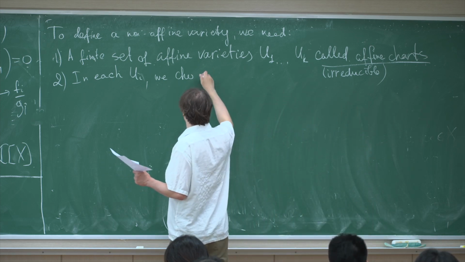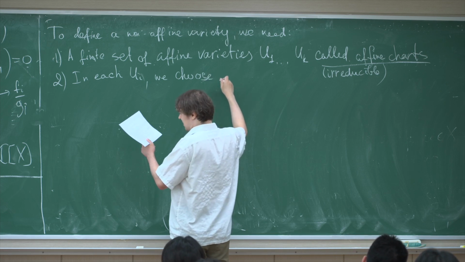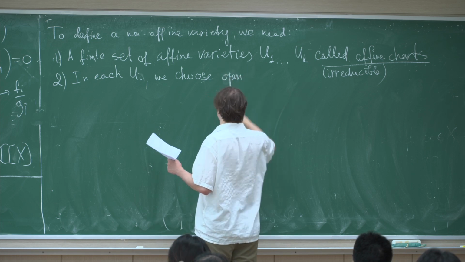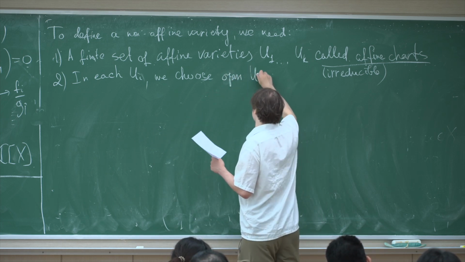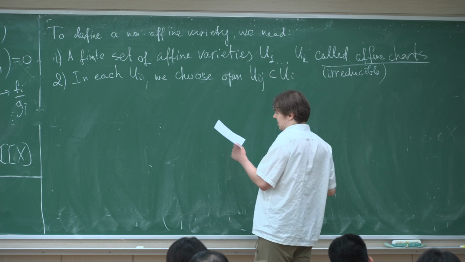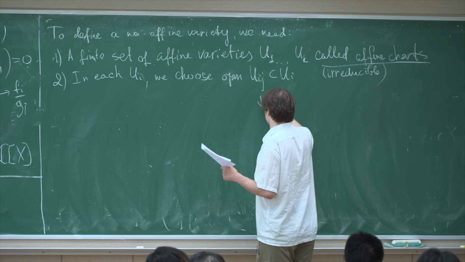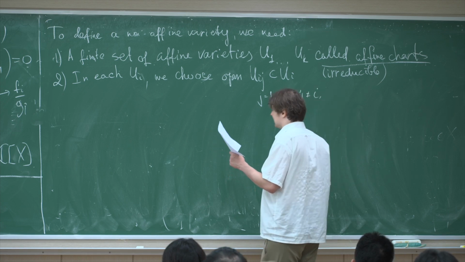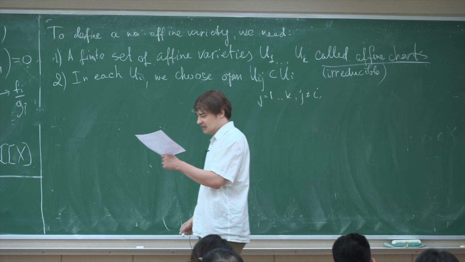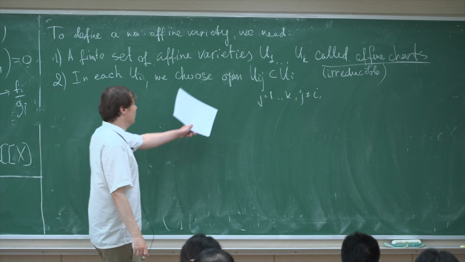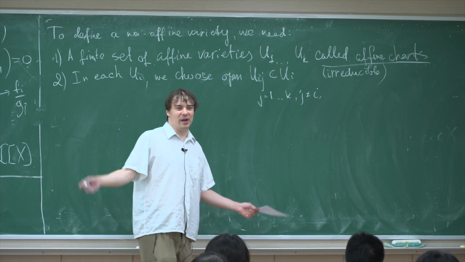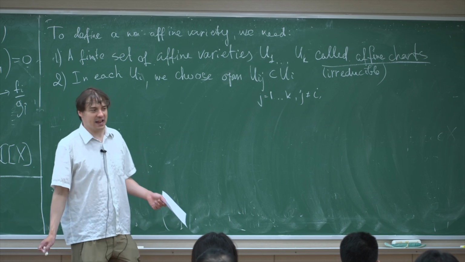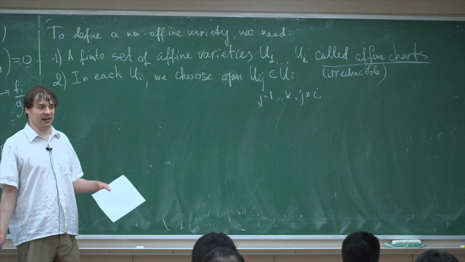Then in each Ui, we choose open subsets Uij for all j from 1 to k, but not i. So these Uij's in Ui will be glued with Uji in Uj, will be identified with Uji in Uj.